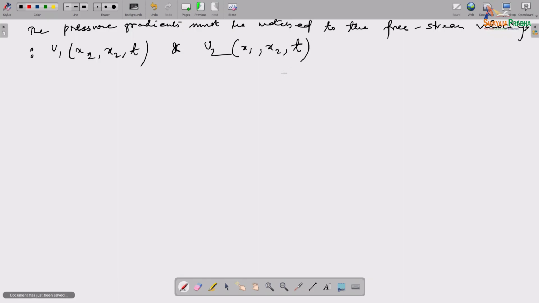So you can see here that the free stream velocity is dependent on the two coordinate axes, x1 and x2, and of course it is time dependent. Now the proper matching is given. These things basically have to match. The pressure gradients and the velocity components need to be matched, and this is done by Euler's equations of inviscid flow.